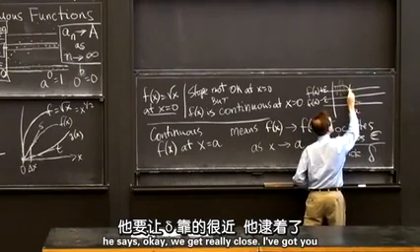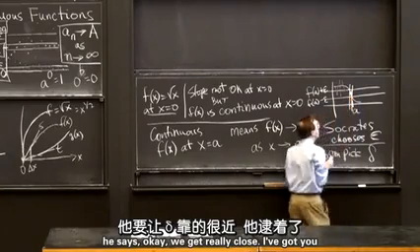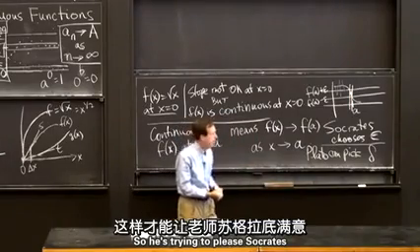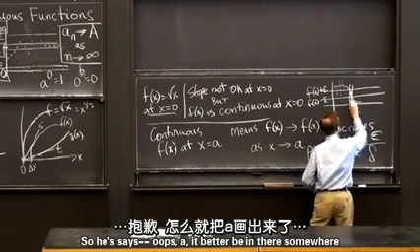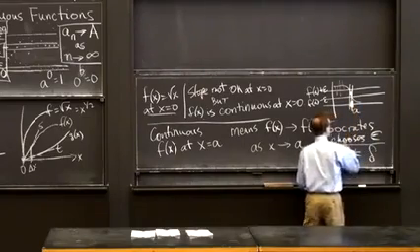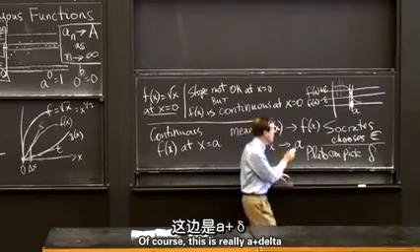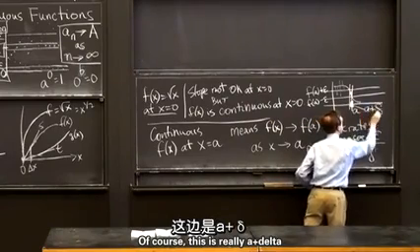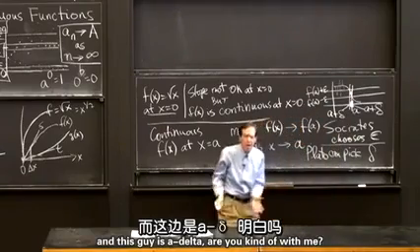See what he says, okay, if you get really close, I've got you. So he's trying to please Socrates. So he says, A had better be in there somewhere. Now these bands are getting so close, my picture by A is, of course, this is a band. This is really A plus delta, and this guy is A minus delta. Are you kind of with me?